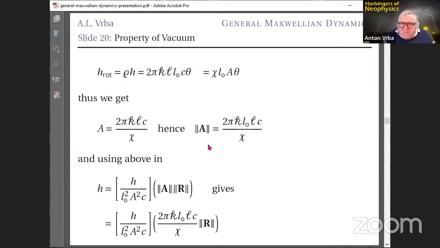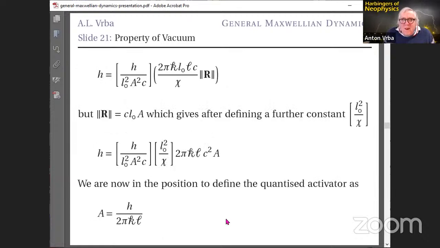So the norm of A is 2 pi K L0 load C over chi, and I replace this part here, which then gives me this equation, which I repeat here.